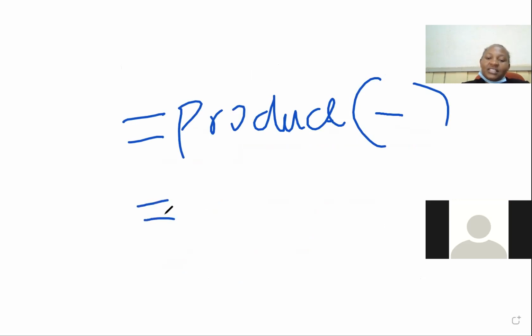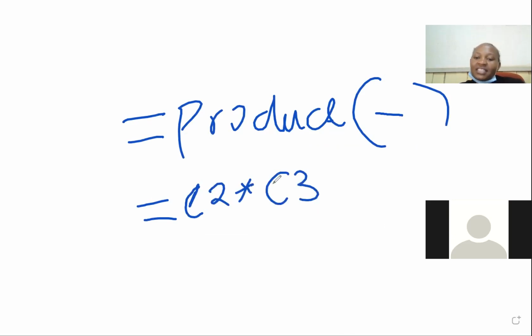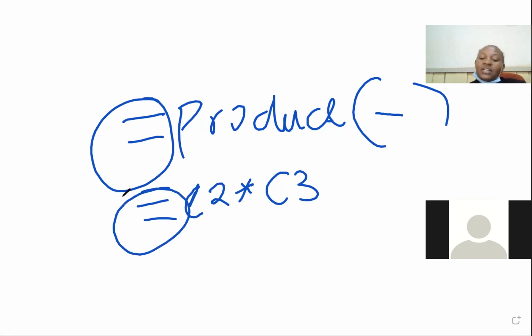Again, you can also write equals the first cell where the item price is, let's say it's in B3, multiplied by C3. In that case, you are able to write the correct function. Remember, I have always stressed that a function or a formula must always start with an equal sign.